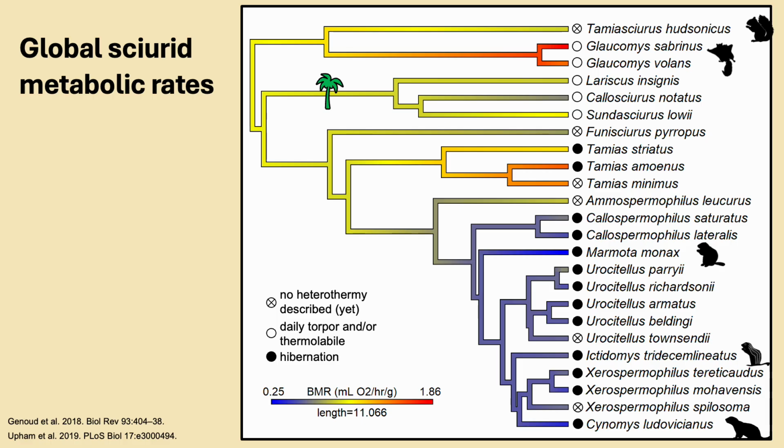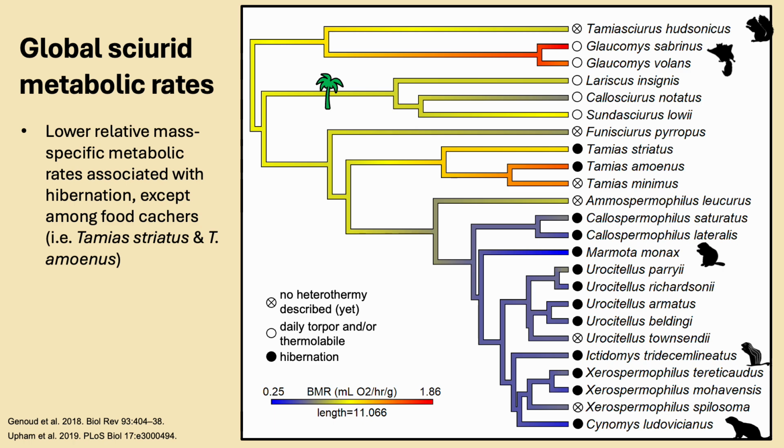When we look at a phylogeny of species for which there is metabolic information available, we see that there is generally a lower mass-corrected metabolic rate associated with hibernation, or a species with these black dots here in this figure, except among food caching species such as various species of chipmunk.